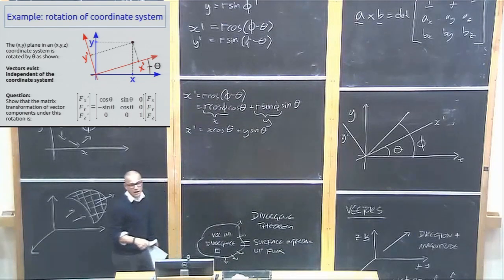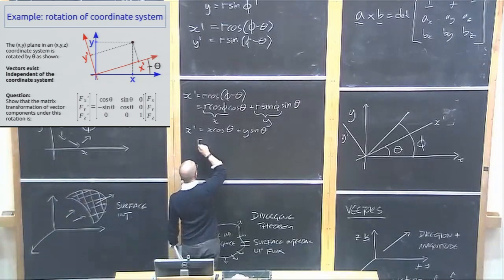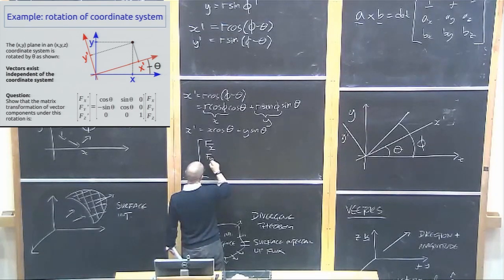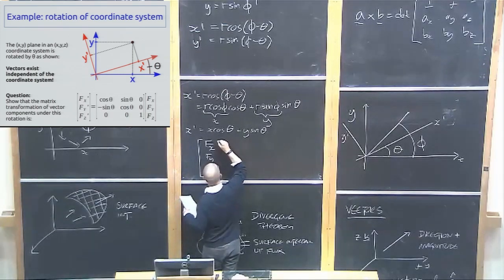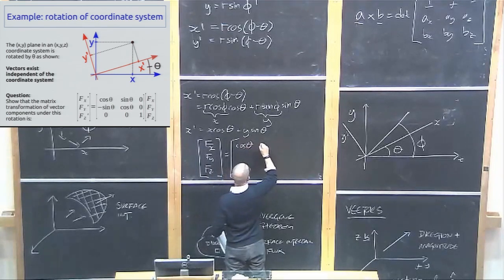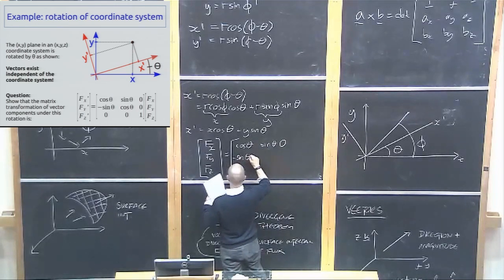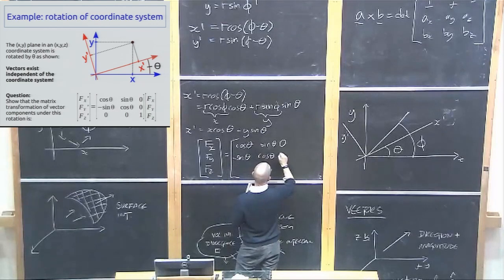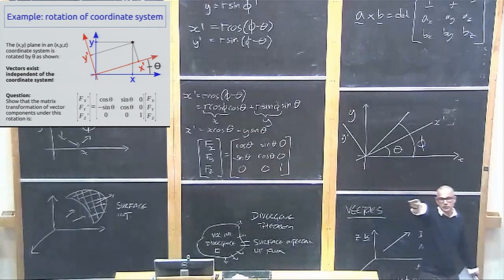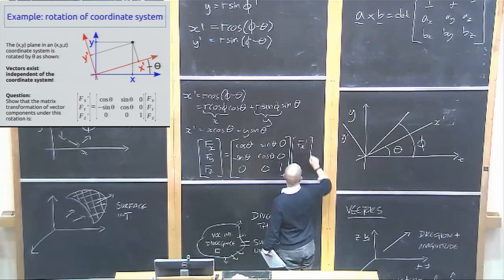And we can do the same construction for y and y prime, and then we end up with the result as given on the board, that the rotated components equal the matrix cos theta, sine theta, 0; minus sine theta, cos theta, 0; 0, 0, 1, acting on the original components, for a three-dimensional rotation through a plane polar angle of theta of my coordinate system.